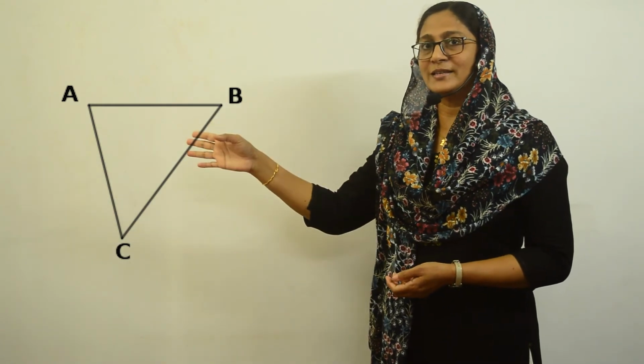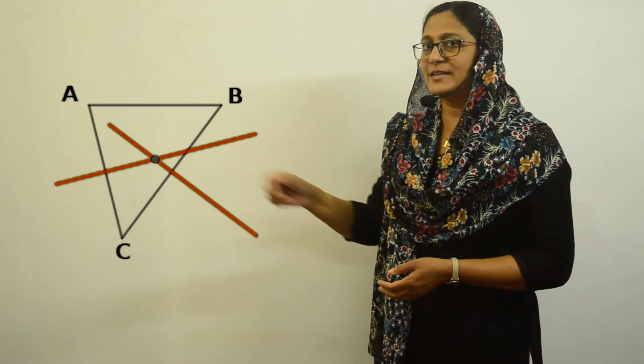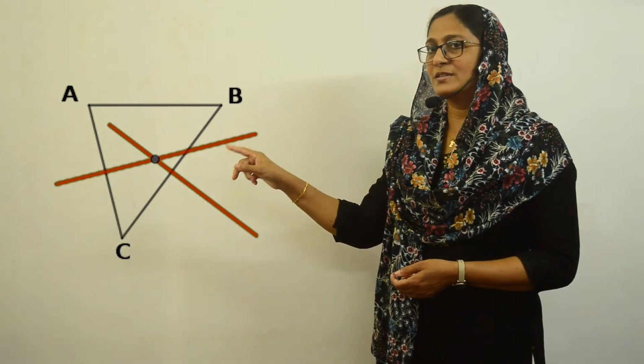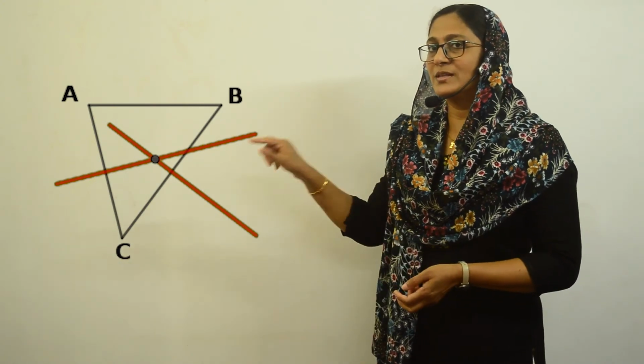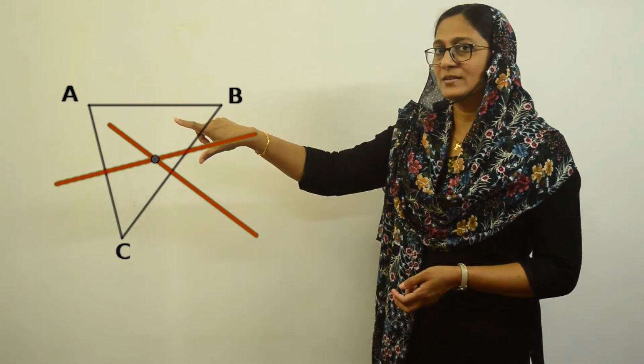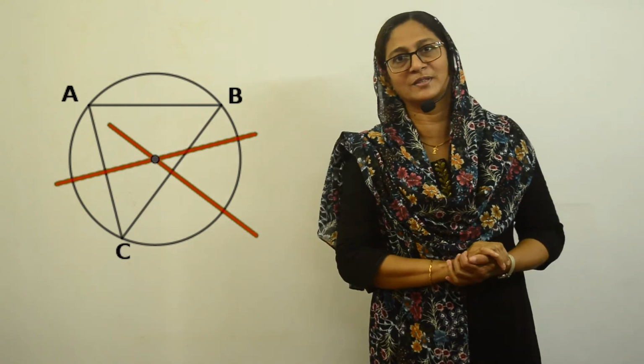Let us draw the bisectors of any 2 sides. They intersect at a point. That's the center of our circumcircle. Using that point and radius to any of the vertices, we can draw a circle around it. I hope all of you remember this.